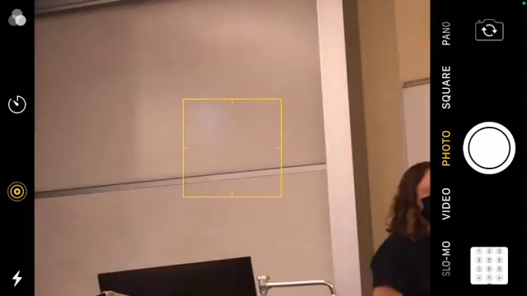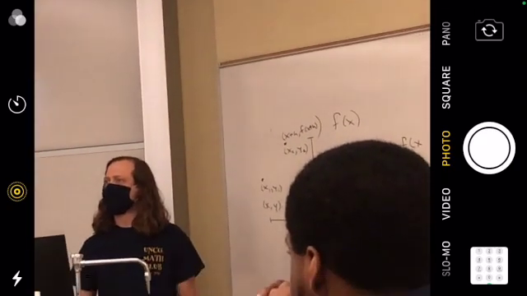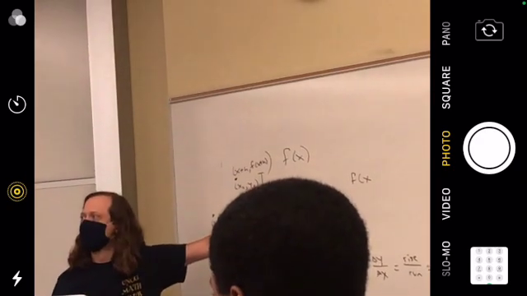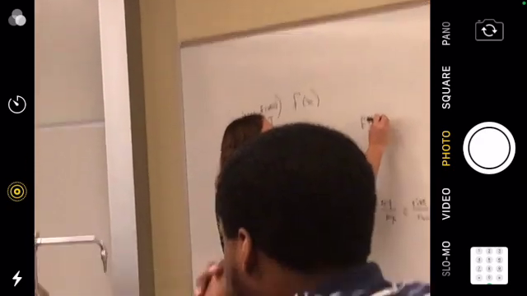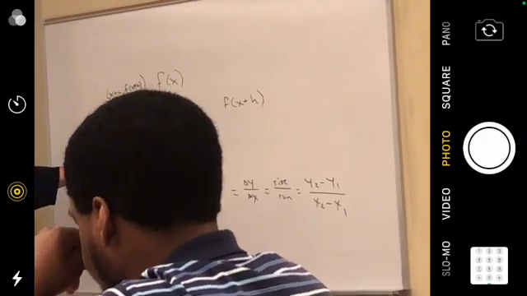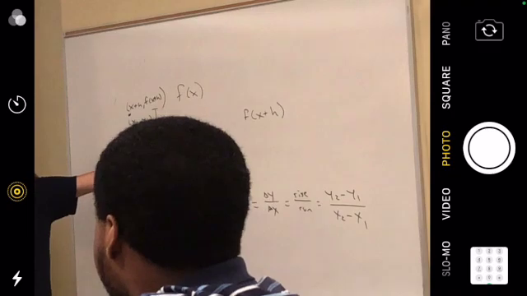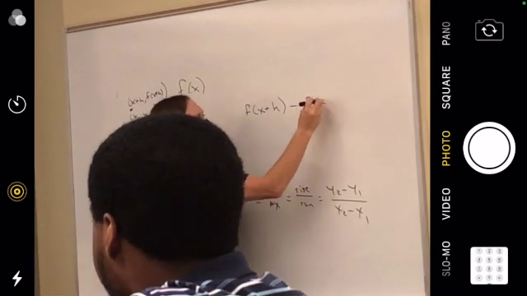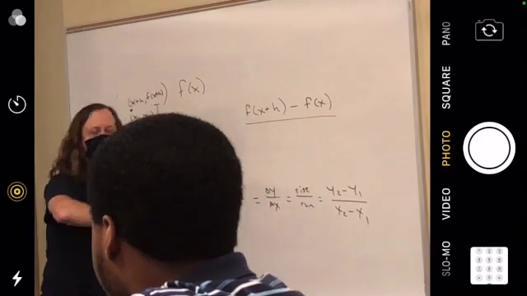So our goal was, how can we mimic change in y or change in x? We're going to say start at the value x, and for my second x coordinate, just move h units away from where it started. So this is my y2, based on my original y coordinate, f of x.